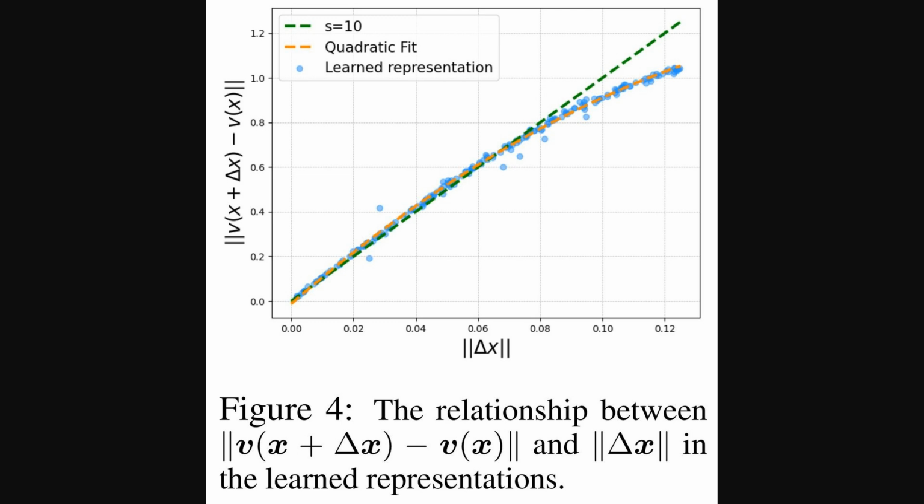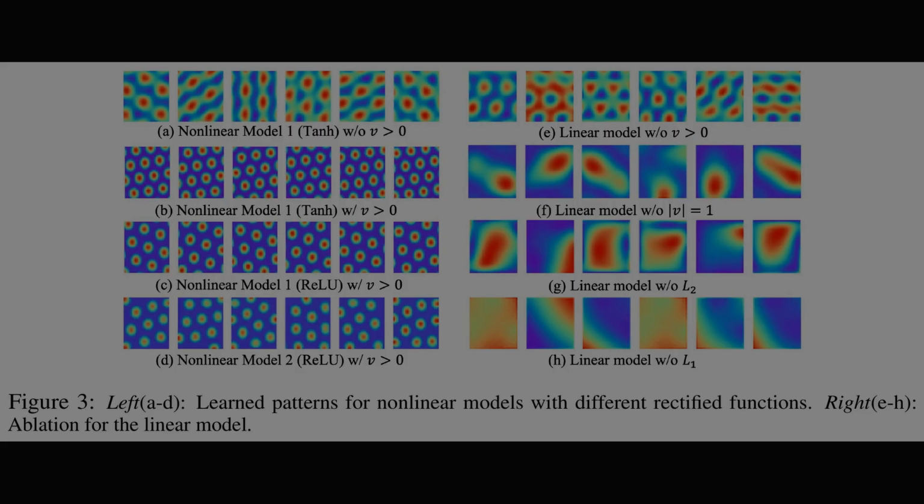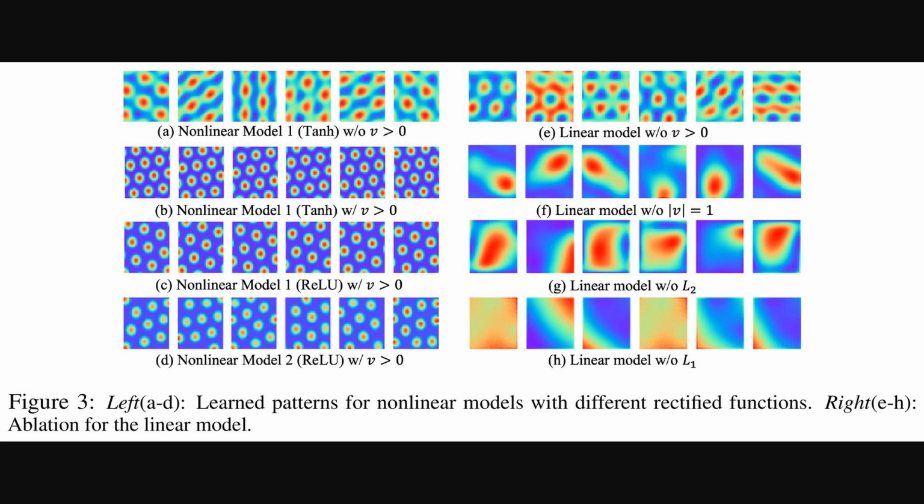The blue dots, showing the model's learned behavior, stick very closely to the green dashed line. That line represents perfect distance preservation with a scaling factor of 10, meaning the neural change is directly proportional to physical movement, especially for smaller steps. So that distance preservation is key.